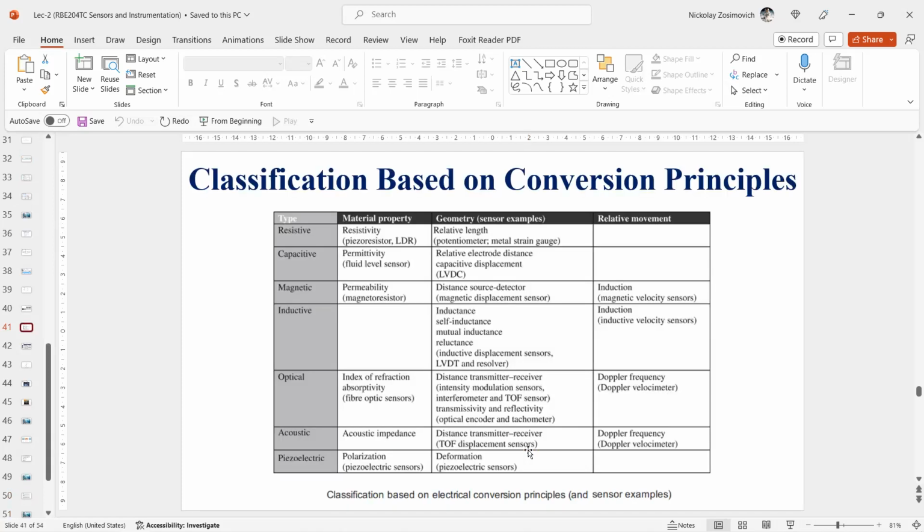The classification according to conversion principles is often used for the reason that the sensor performance is mainly determined by the physics of the underlying principle of operation. However, a particular type of sensor might be suitable for a variety of physical quantities and in many different applications.